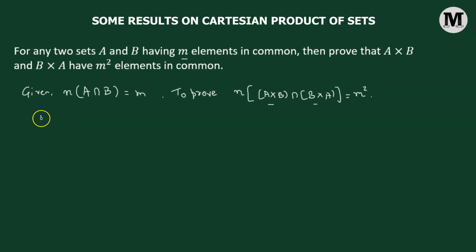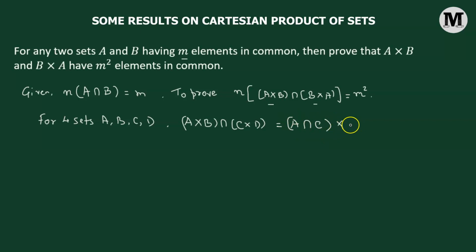So here we know for four sets A, B, C and D, if we take the Cartesian product of the set A and B and then take its intersection with the Cartesian product of the set C and D, this is going to be equal to the intersection of the set A with the set C, and then we take its Cartesian product with the intersection of the set B with the set D.